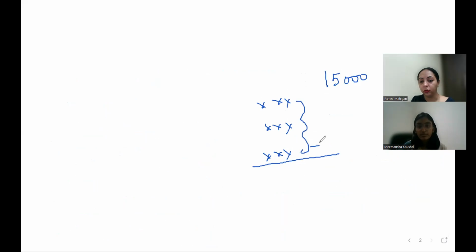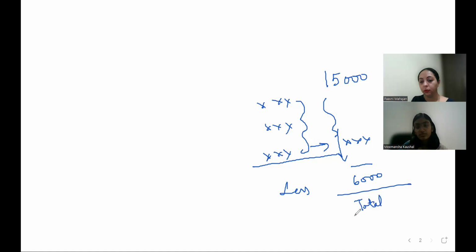So this 15,000, whatever you have written, the amount to be added, put the total of these amounts here. Then put this total down here. And then less 6,000 and then put the total amount. And then write balance as per passbook.